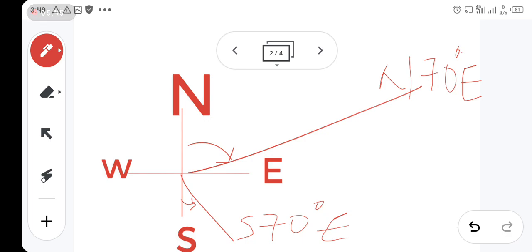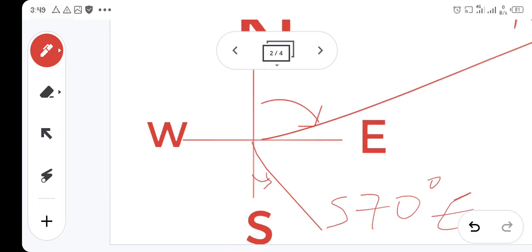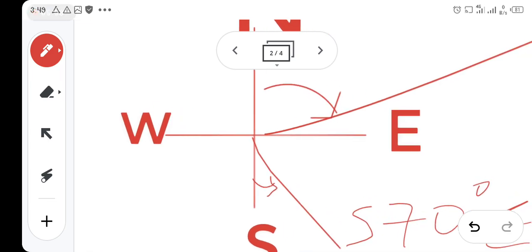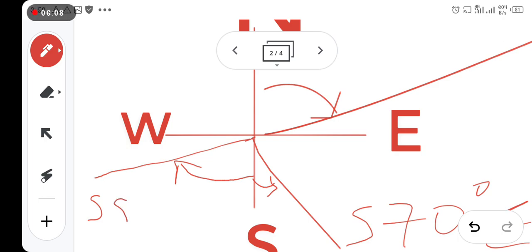I'll start from the south pole and then move towards the west axis, and sketch 80 degree. So this should be south 80 degrees west.